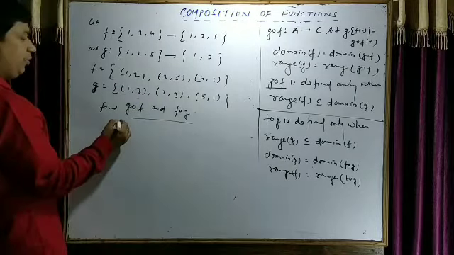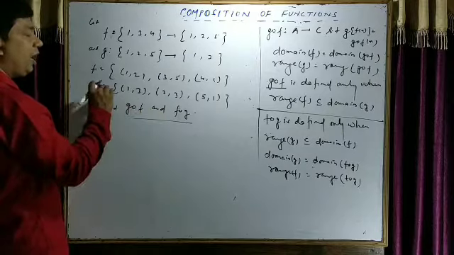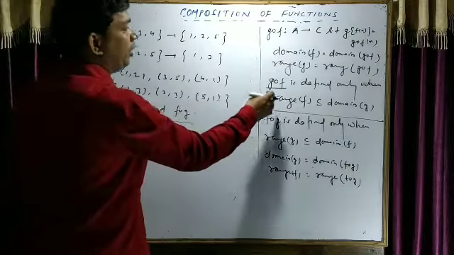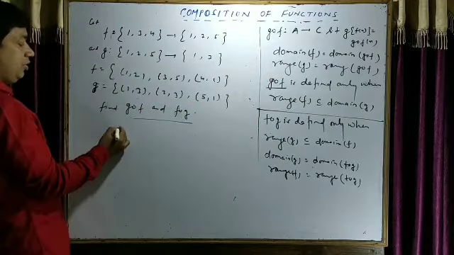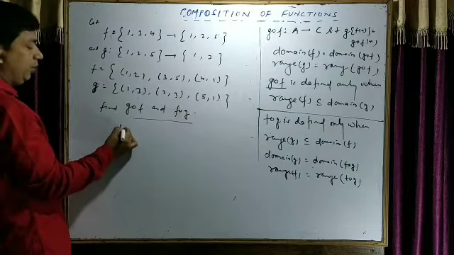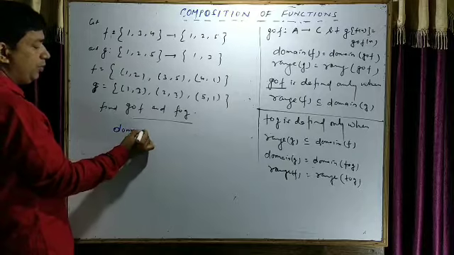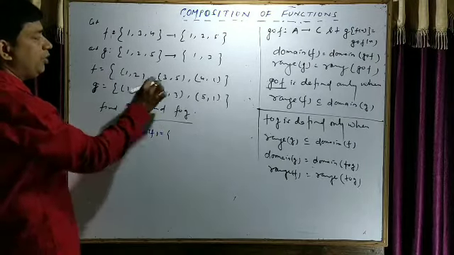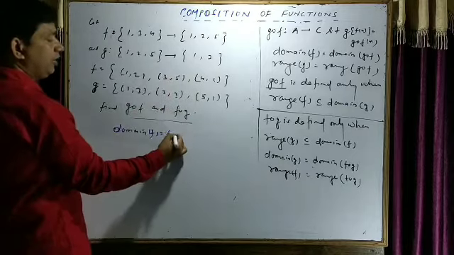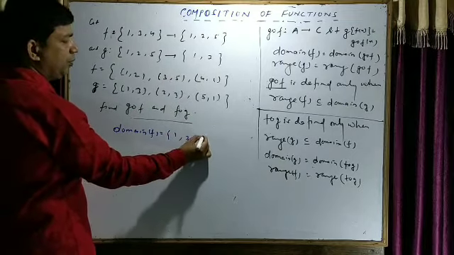Now for gof or fog, I have to verify when they are defined. First find the domain of f: the set of first coordinates, which is {1, 3, 4}.